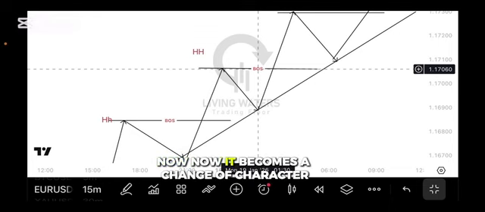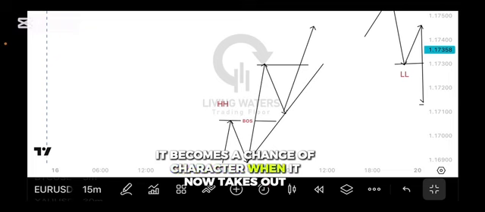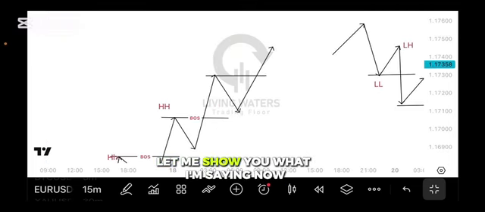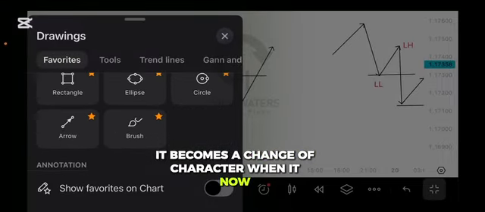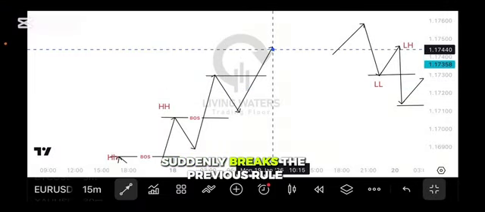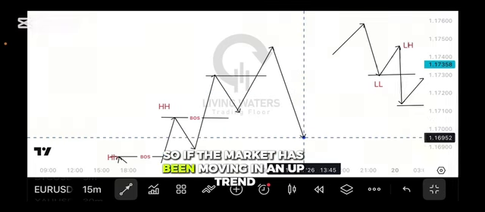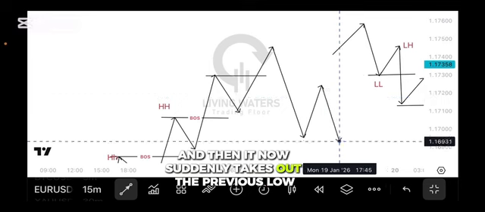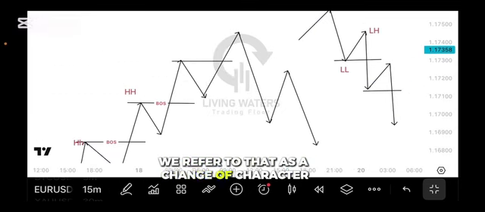Now it becomes a change of character when it suddenly breaks the previous low. So if the market has been moving in an uptrend and then suddenly takes out the previous low, we refer to that as a change of character.